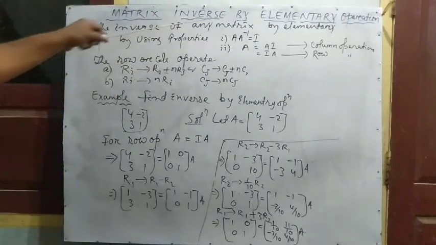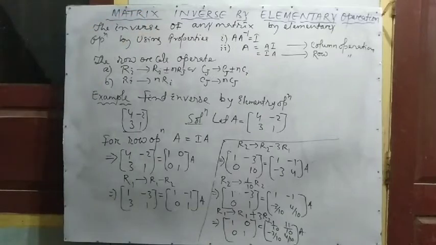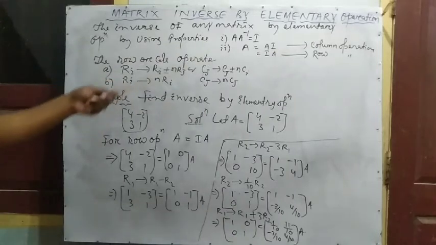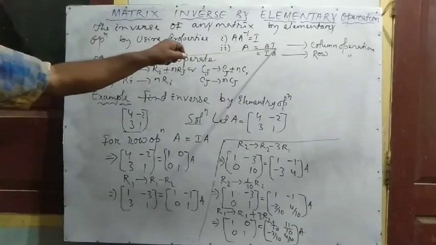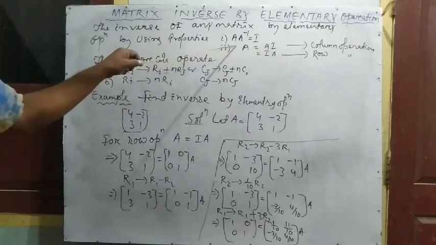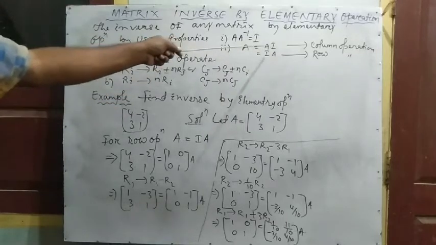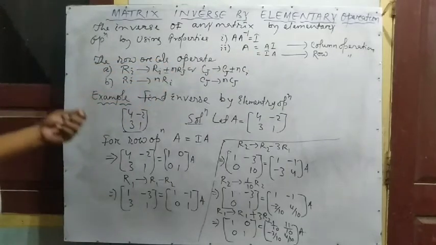The second property is A equals A into I. This means when the identity matrix is multiplied with any other matrix, the value of the matrix does not change. A into I is equal to A, and I into A is also equal to A. These two properties we also use.